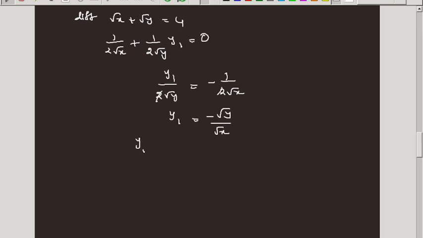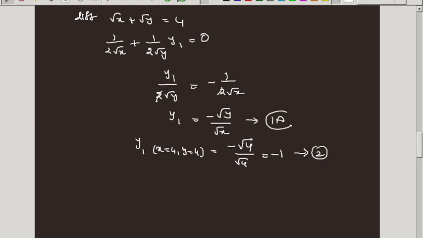So here y1, when x is 4, y is 4, we have the values of x and y. If we substitute here, we get minus 1. So let us consider this as equation number 2, and this one is nothing but 1a.